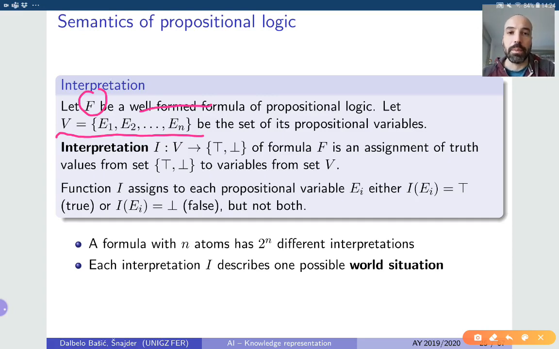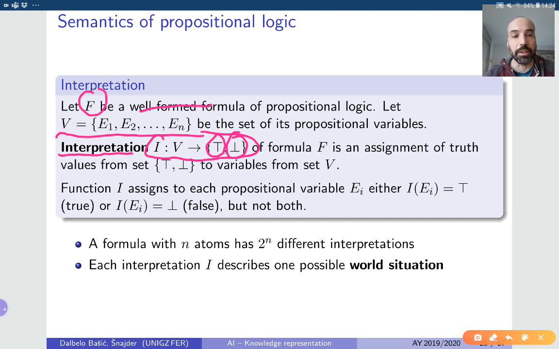And then I'll be defining interpretation as essentially a function. And the function is assigning to each variable from V a truth value, which can be either true, denoted with a T here, or false, denoted with a turnstile T.